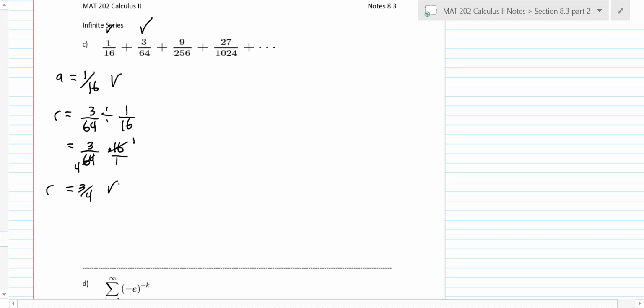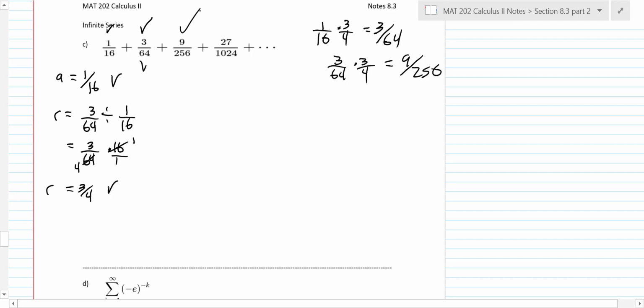Well, let's make sure this works. If you do 1/16 times 3/4, notice that you get the second term 3 over 64. Then if you did 3 over 64 times 3/4, that's going to give 9 over 256. So it appears to be working. Are you convinced this is a geometric series?